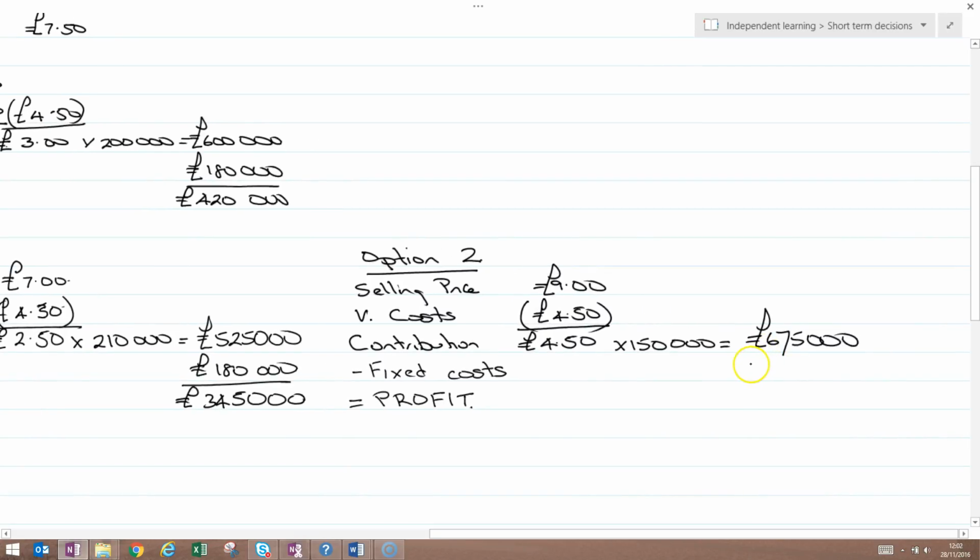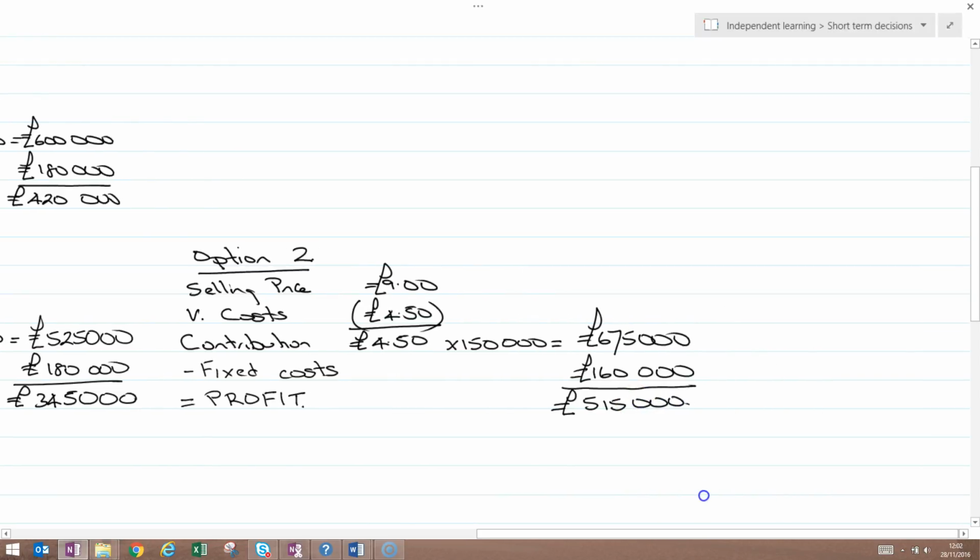So minus fixed costs of £160,000 means that under option 2, we'd be expecting a profit of £515,000. Okay, so just note here our fixed costs, 180,000 minus 20,000.